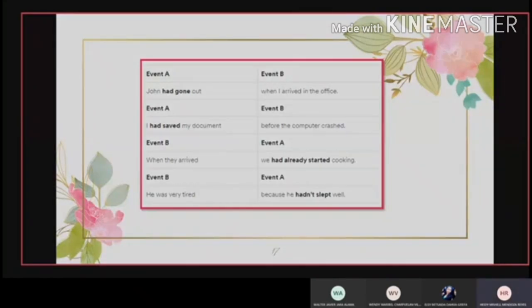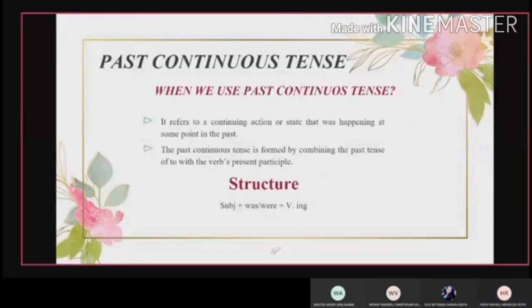Okay, continuing, past continuous tense. This is referring to a continuous action or state that was happening at some point in the past. The past continuous is formed by combining the past tense of to be with the verb's present participle.